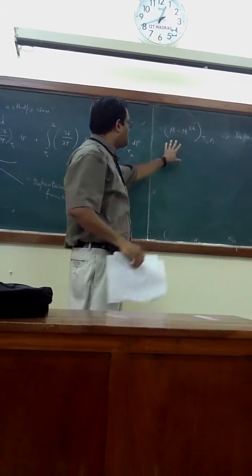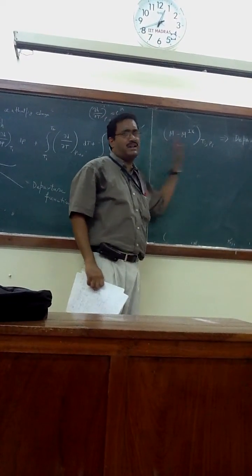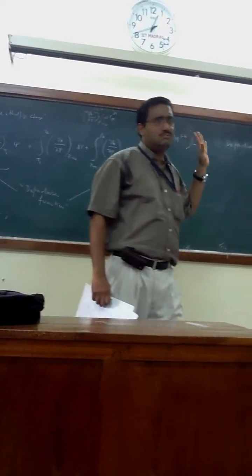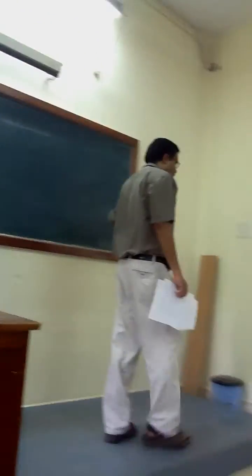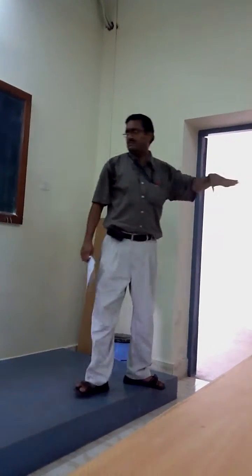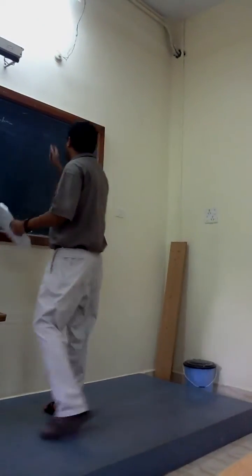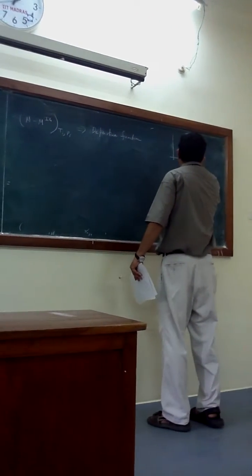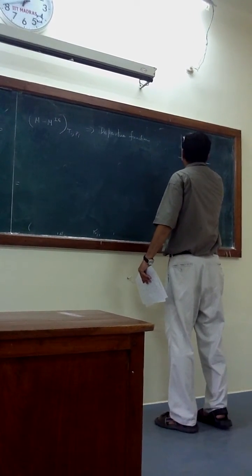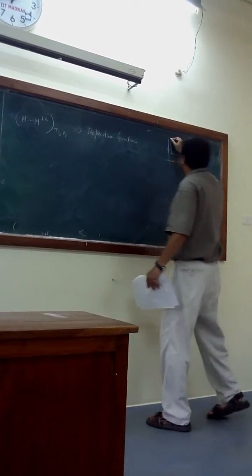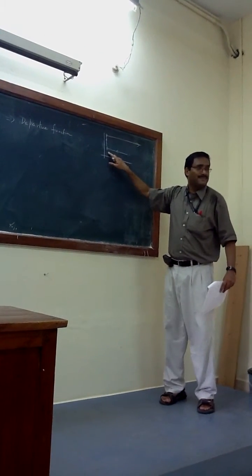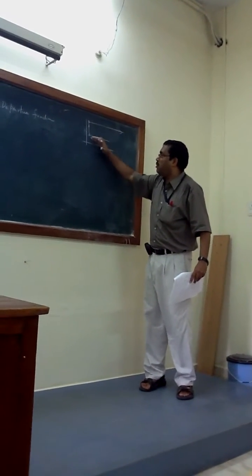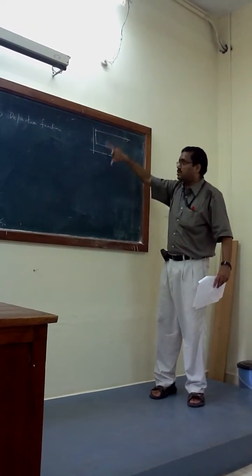So this departure function says how far it is departed from ideal gas property along the horizontal line. Because if you look at the horizontal line, your ideal property is sitting here. So with respect to this, how far it is, that's called departure function.